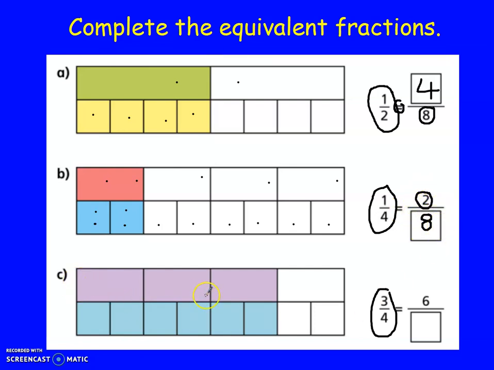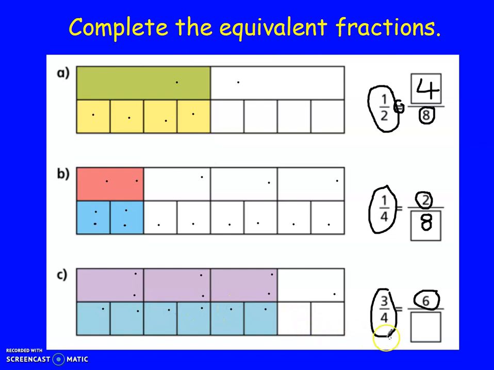Next one, C. It tells us that there are 3/4 shaded. 1, 2, 3 out of a possible 1, 2, 3, 4. We've been given the numerator, which is 6, so 6 parts are shaded. 1, 2, 3, 4, 5, 6.